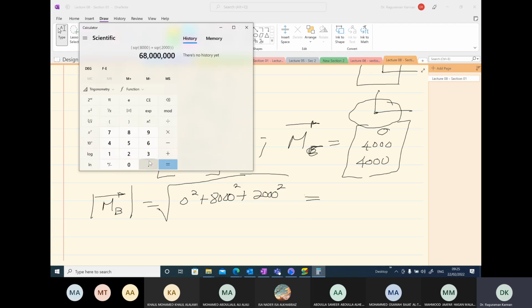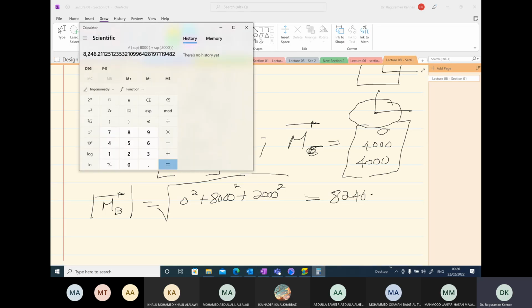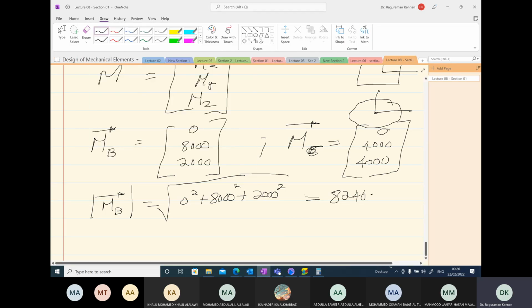Square, close the brackets, take the square root. So we get the value 8246.21. Okay, so this is the resultant bending moment value.